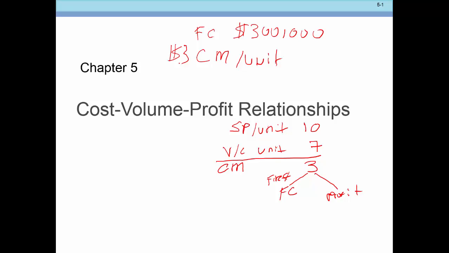And so the way we will set that up is we'll take the contribution margin per unit, which is $3, and we'll multiply that times the break-even units.